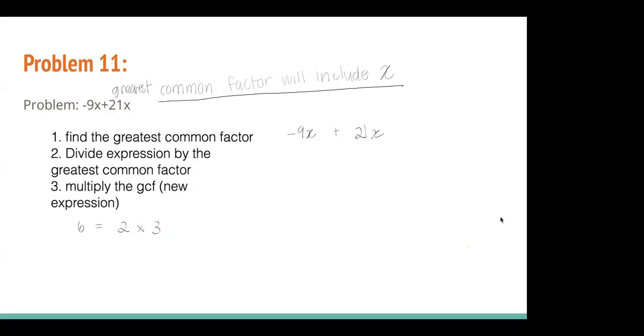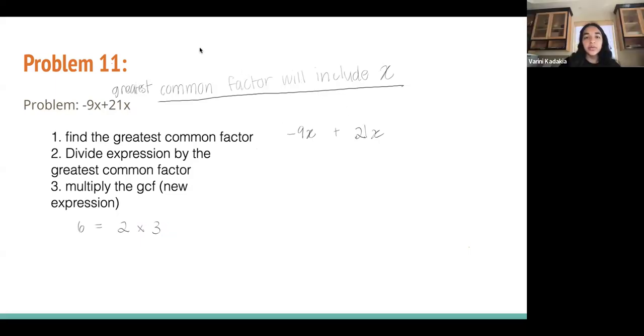So the way we can sort of represent 6 is using 2 times 3, right? Let me think about how to explain this better.